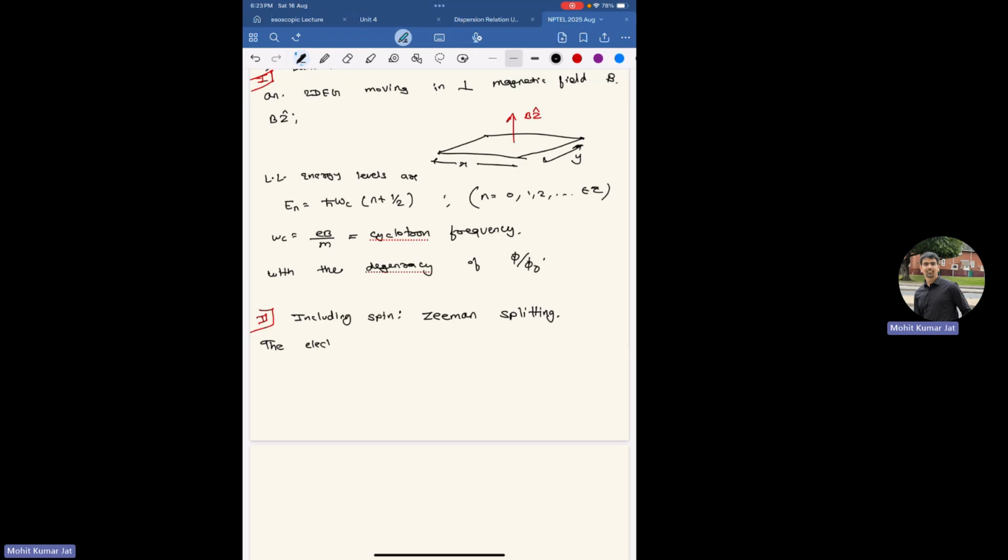The electron spin couples to the magnetic field via the Zeeman interaction.